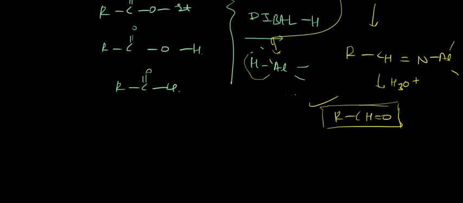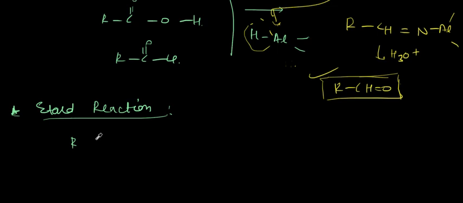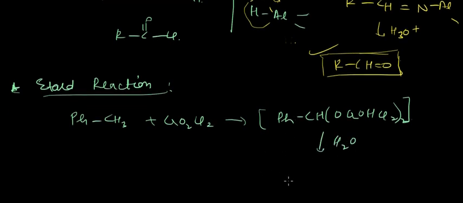Next, let us discuss the Etard reaction mechanism. In the Etard reaction we had something like PhCH3, and we passed it in CrO2Cl2, and we get a complex intermediate of the form PhCH(OCrOHCl2) whole twice, and this in presence of water will give me something like this compound.